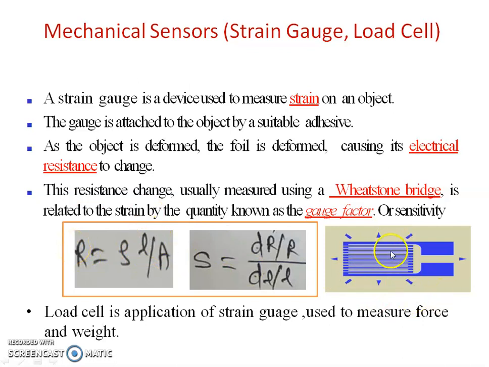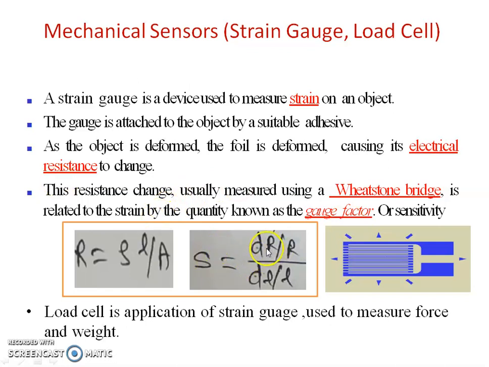That means if I expand it, its length will increase, and you will find that the resistance is increased. But after compression, its length will decrease, and its resistance will decrease because the size will decrease.